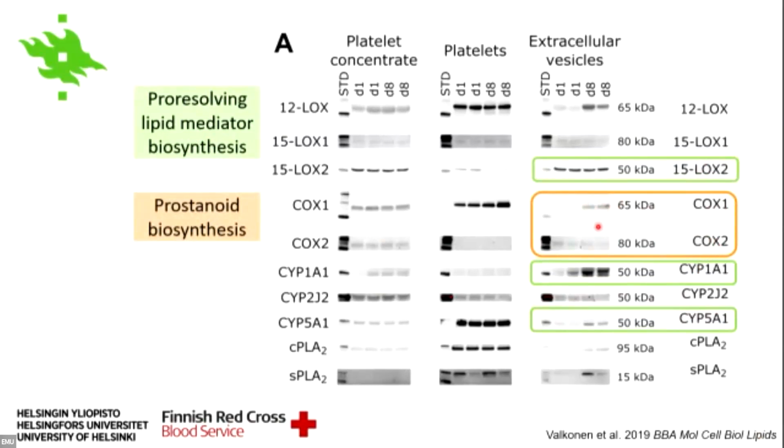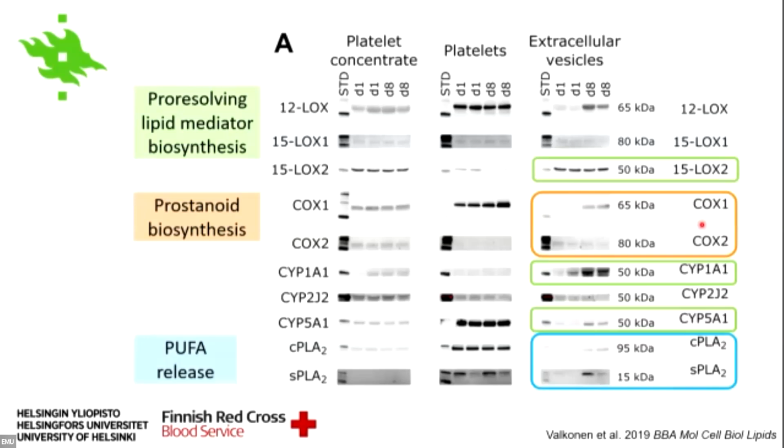COX-1 was mainly visible in the day 8 samples. It is constitutively expressed, but if the cells get an inflammatory stimulus, then COX-2 expression is induced, and we didn't see the induction of COX-2 in these samples. So most likely the increased production of these arachidonic acid derived pro-inflammatory mediators comes from the COX-1 pathway.